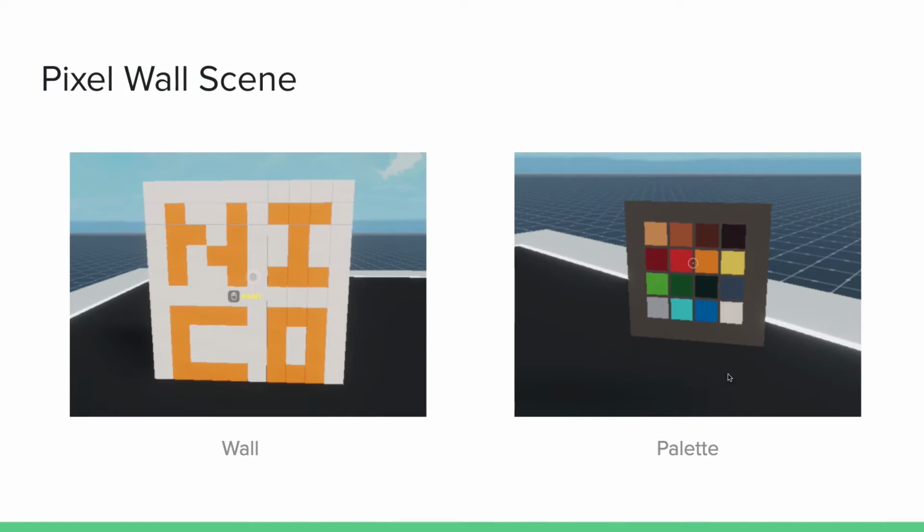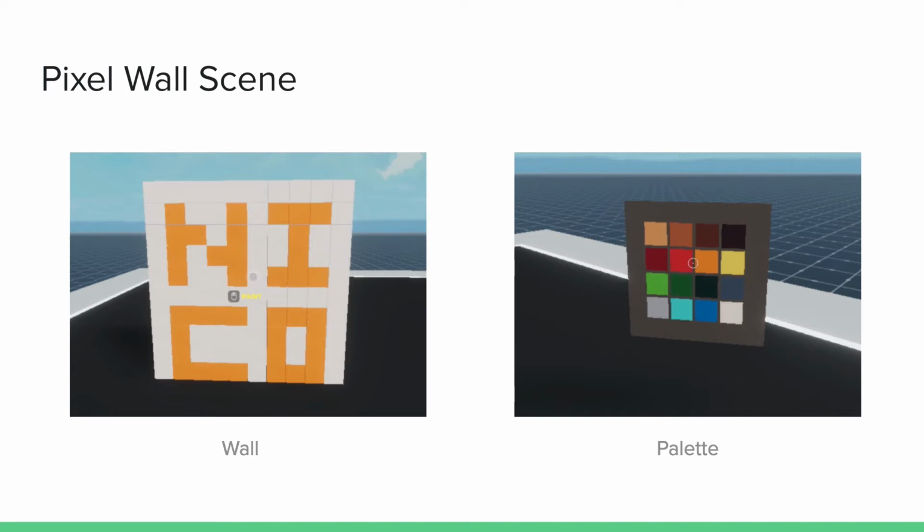We're also going to have a palette, so you can select the colors you want to paint the wall with. All this is going to be multiplayer. That is, everybody who is in the same scene will see the tiles changing.